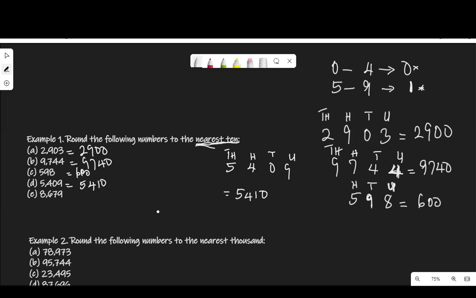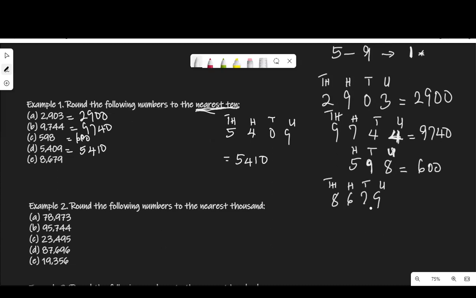And lastly, in this example, we have 8679. This is unit, this is tens, this is 100, and this is 1000. Okay, we are rounding what? To the nearest 10. The digit in 10 position is 7.